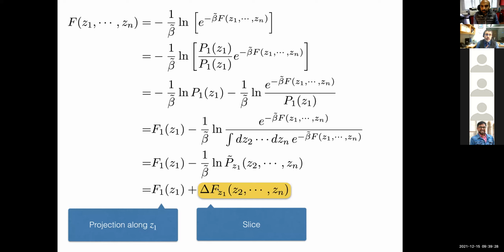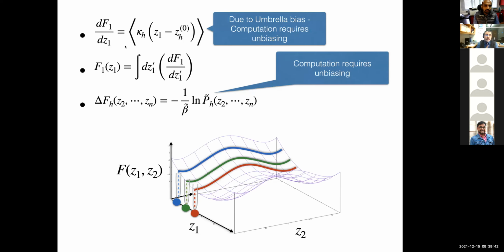The slice distribution and the projection can be computed separately, and we don't require any weighted histogram analysis, because these come directly out of the TAS umbrella window distributions. The free energy along the bias coordinate can be directly obtained by unbiasing the umbrella bias, from the forces acting on the coordinate where the umbrella bias is acting.